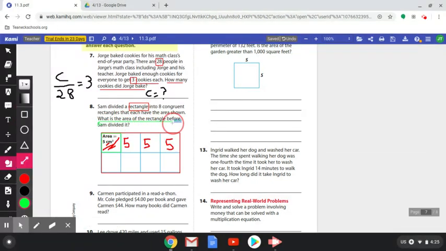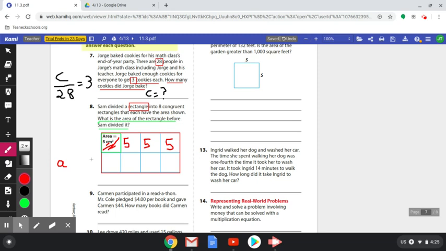What is the area of the rectangle before Sam divided it? Well, in your head, you might be already working out what that area is, but we need the equation. So let's use A for area.